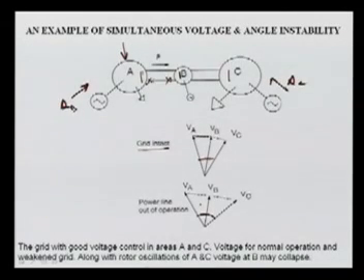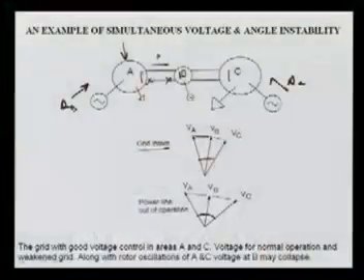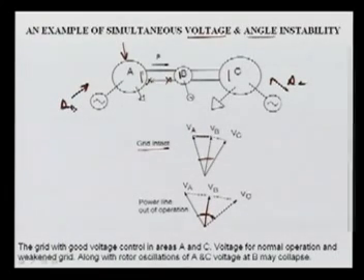So both angle and voltage stability come together in this case, because the impedance X here is more, and we can transmit more power, meaning delta is separated more. So the delta is more, and also the voltage at B is reduced. Here is a combination of voltage as well as angle instability.